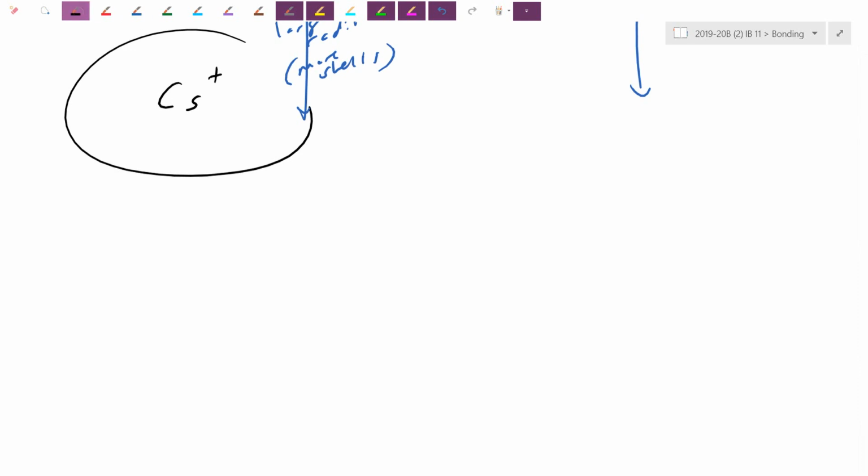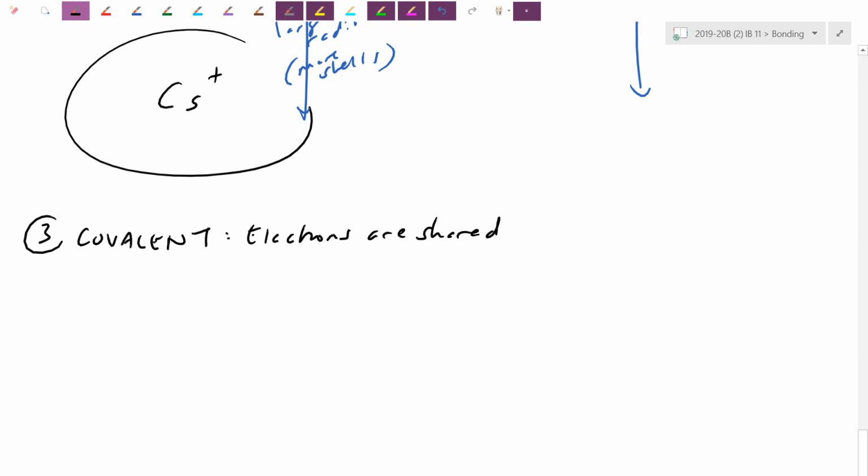We'll end off here with our last type of bonding, which is covalent. Again, they could be uneven or even. In this case, we refer to electrons as shared. Typically, it is going to be between nonmetals with similar electronegativity, that's the more important thing.